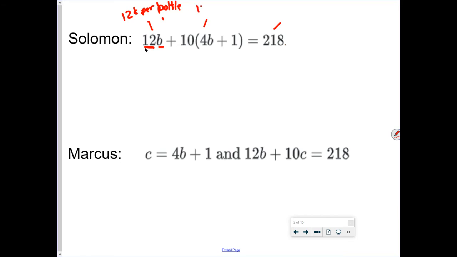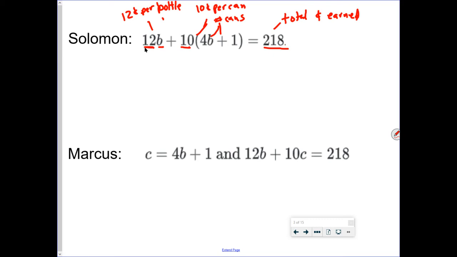The 10 is 10 cents per can, and the 4B plus 1 is the number of cans. So it's kind of a two-parter there. And the 218 is the total cents earned. Since this is in cents, not in dollars, they changed the dollars to the total number of cents, which made it a little easier to work with.